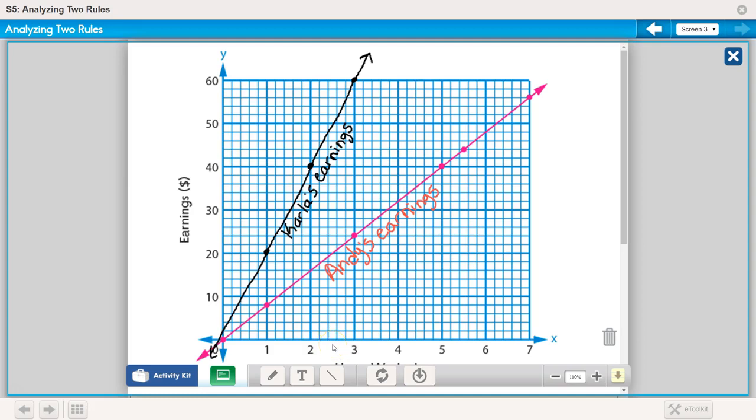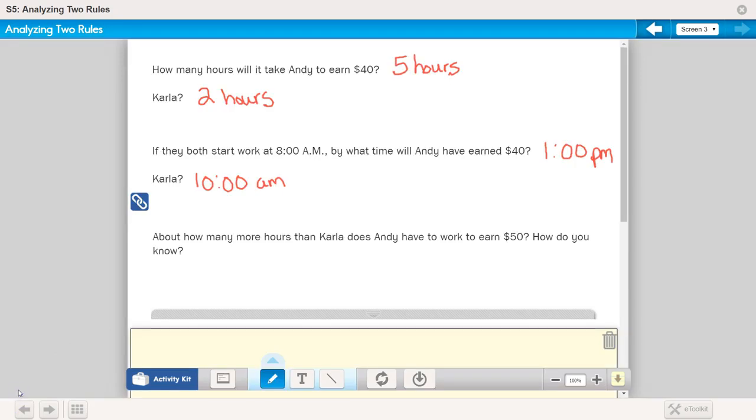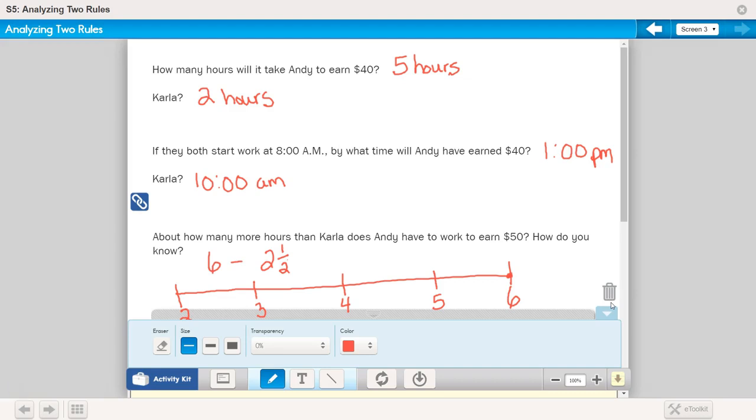And earlier we discovered that it would take a little bit more than 6 hours for Andy to earn his $50. So to give an estimate, a little more than 6 minus about 2.5 would be a little bit less than 4. To show this on a number line, it would take Andy a little bit more than 6 hours to earn his $50.